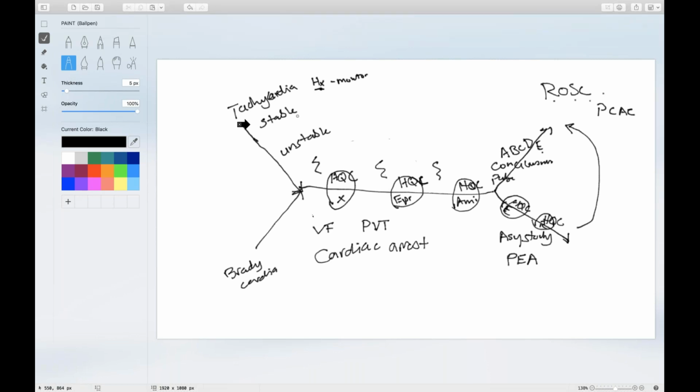Stable tachycardia, we treat by medications only. And unstable tachycardia with cardioversion.